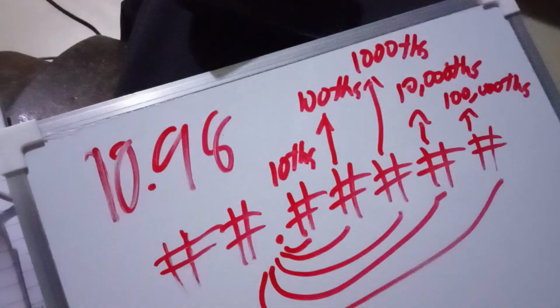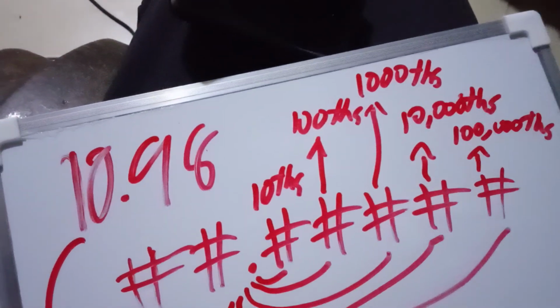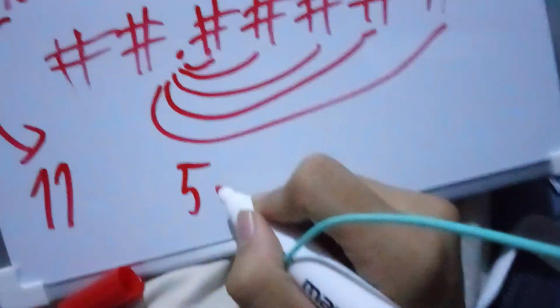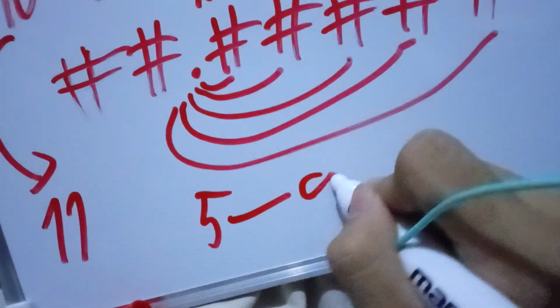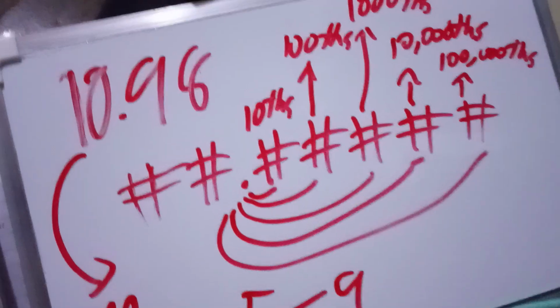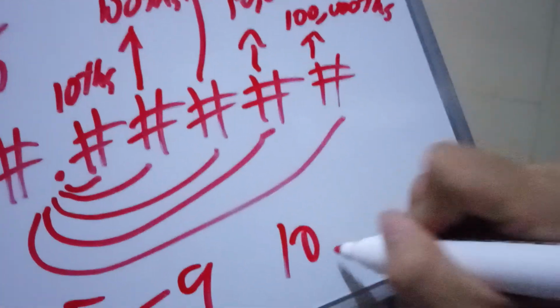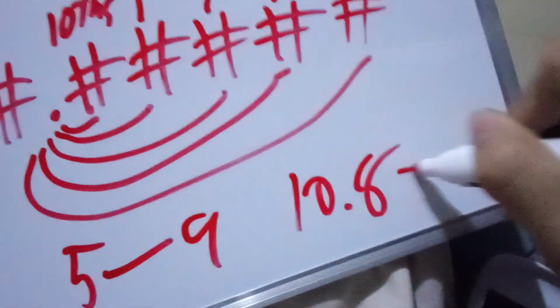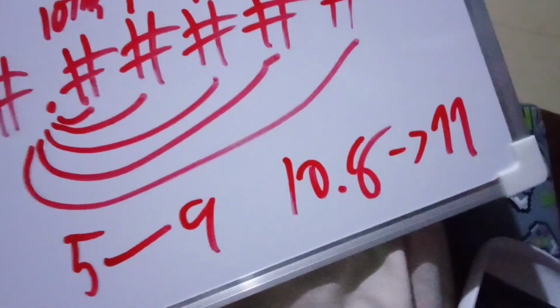It would be 11. My friend said that to round off, if the digit is 5 to 9, you round up. It doesn't depend, so it could be like 10.8, and 10.8 will still be 11.